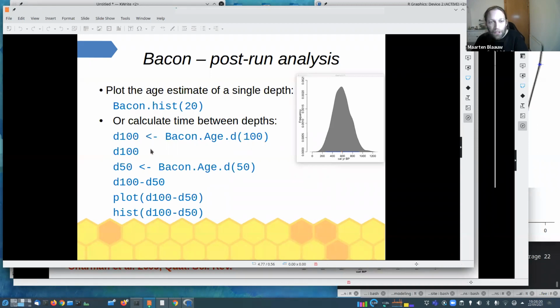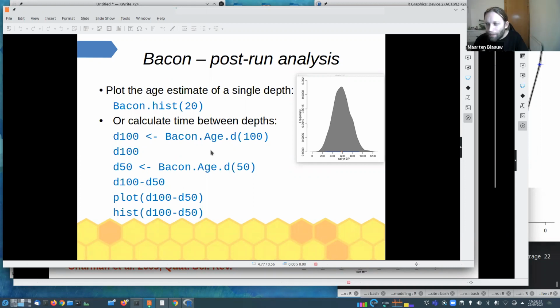You can ask what's the mean of that age, for example. You can query that variable in R. And if you do that for multiple variables, you can then start asking what's the age at 100 centimeters depth, what's the age at 50 centimeters depth, and what's the difference between the two? How much time has passed between 100 centimeters depth and 50 centimeters depth? And then you can also plot that or make a histogram of that.